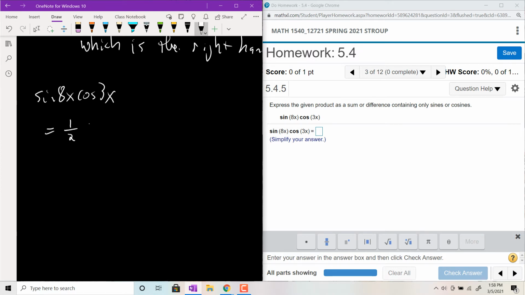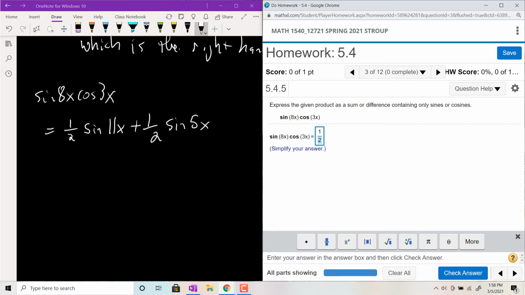So it's 1/2 sine of alpha plus beta, so 11x, plus 1/2 sine of 8 minus 3x, which is 5x. Okay. And then hopefully that will be good enough. 1/2 sine of 11x plus 1/2 sine of 5x.